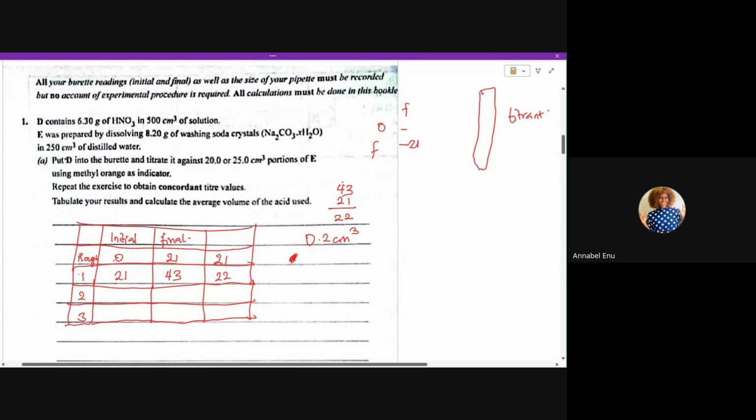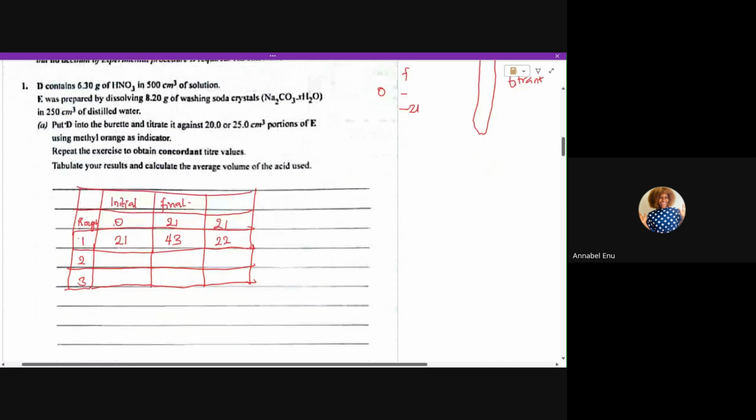Now, since we didn't actually carry out any titration process here, for these first parts, we're asked to tabulate our result and calculate the average volume. That's the essence of the whole titration process. Not only to get our endpoint, but also to get our volume of whatever the titrant is.